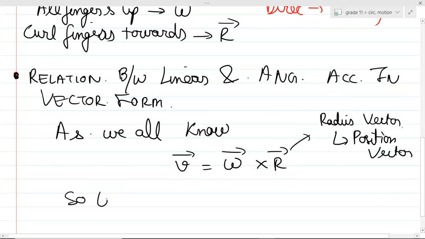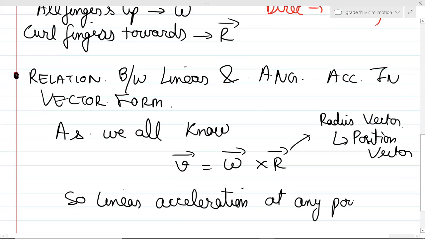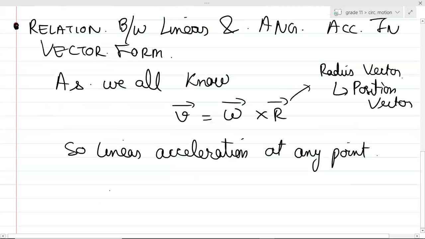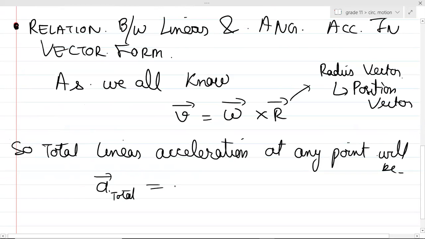The linear acceleration at any point, and which acceleration am I talking about? The total linear acceleration. So the total linear acceleration at any point, A total, will be equal to dv by dt.